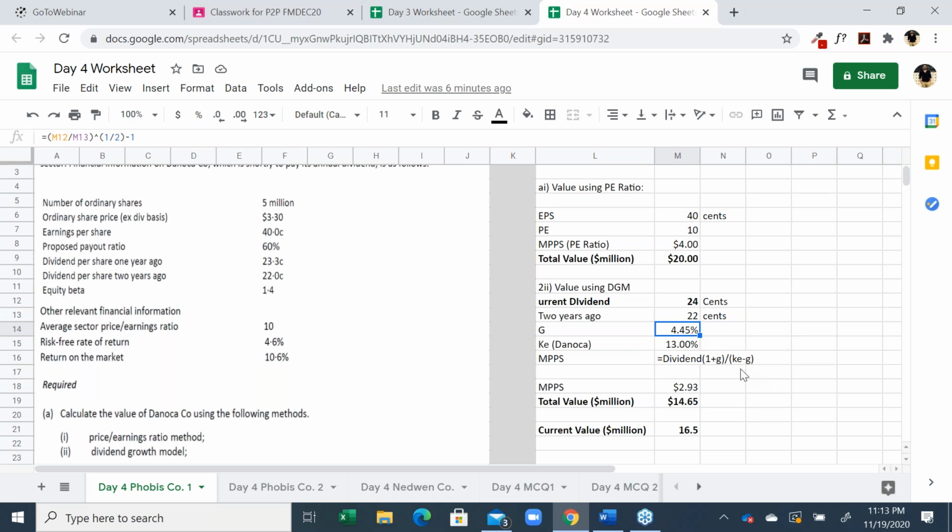Okay. The other reason might be the cost of equity. Let me go to the question and let me increase the cost of equity.